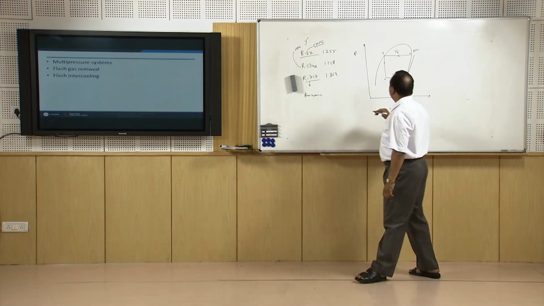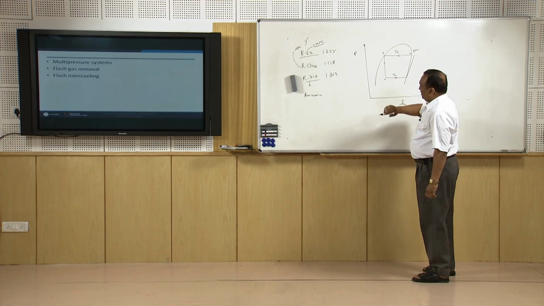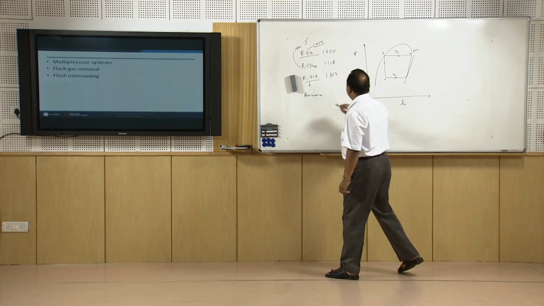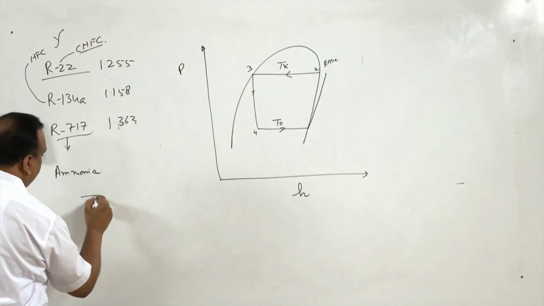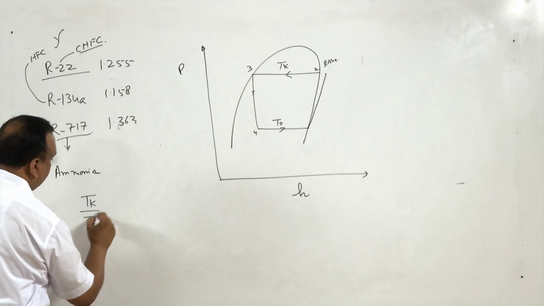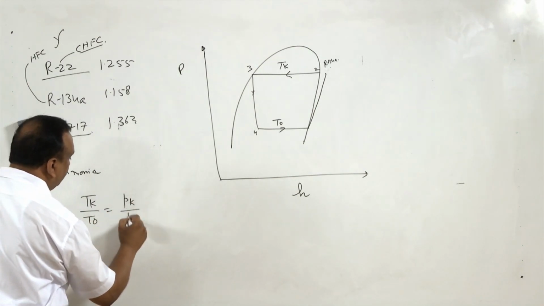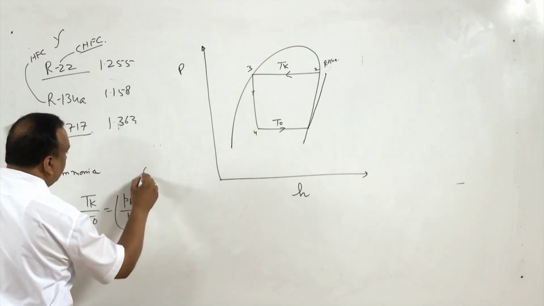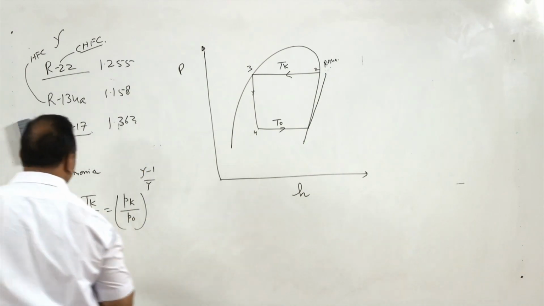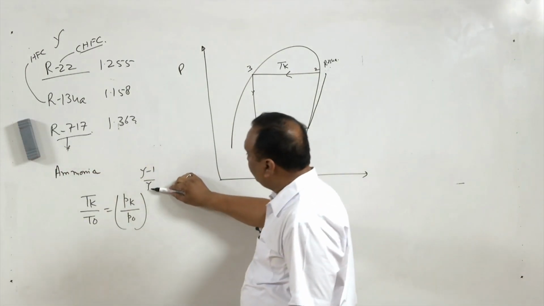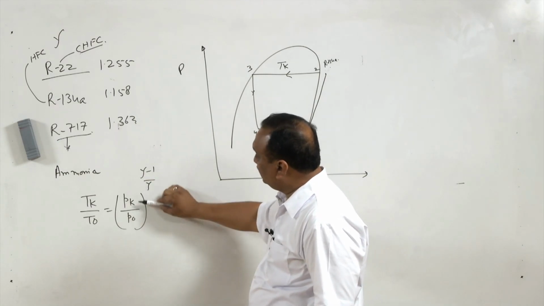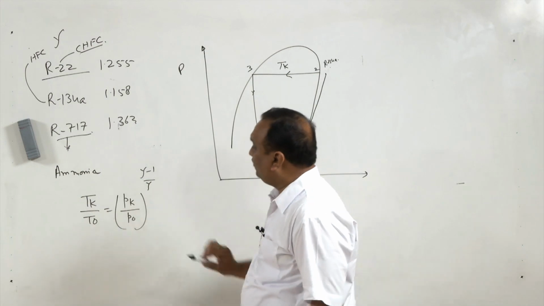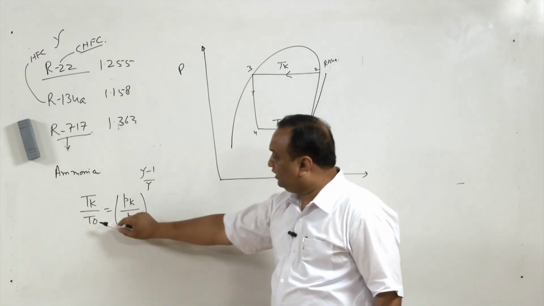This is ammonia. So for ammonia, the value of gamma is 1.363. So Tk by To is equal to Pk by Po raised to the power gamma minus 1 over gamma. When we are increasing the value of gamma, the value of this ratio is also increasing, and the value of Tk will increase because the value of To is constant.